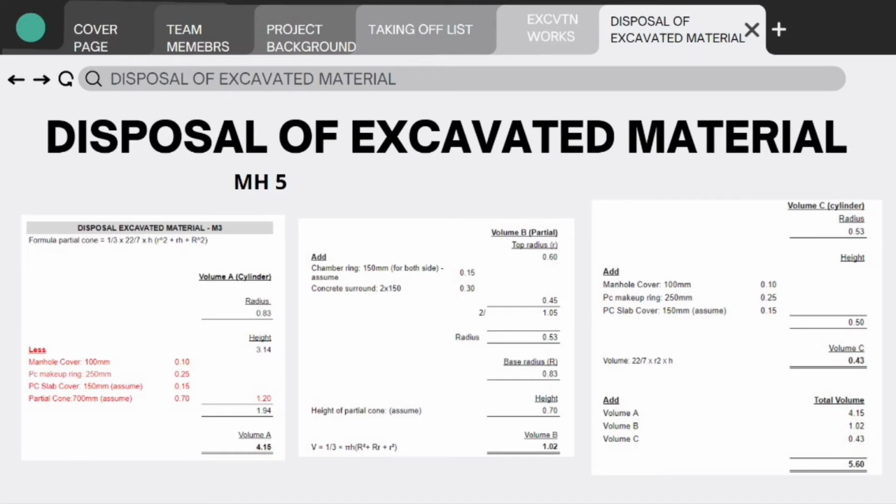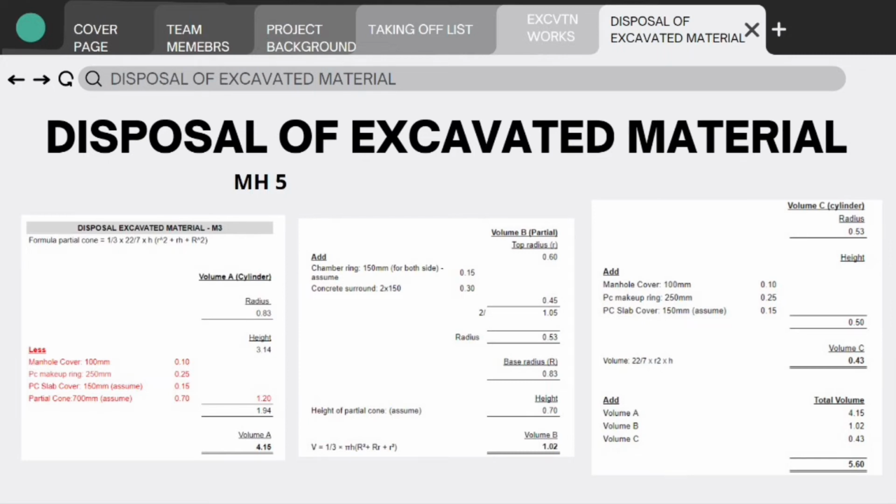For volume C, the radius is 0.53, which is taken from the top radius calculation from volume B. The height is manhole cover 100 mm, add PC makeup ring 250 mm, add PC slab cover, which is 150 mm, to get a total height of 0.50.